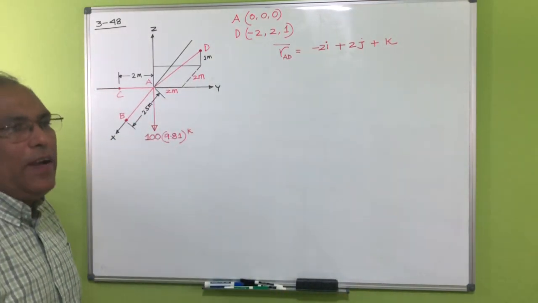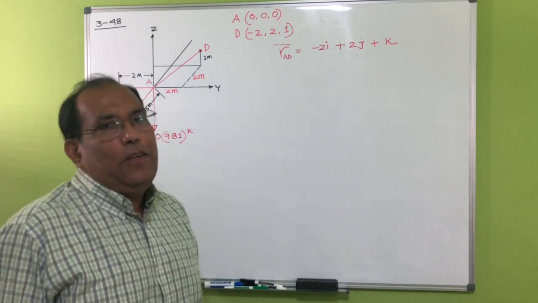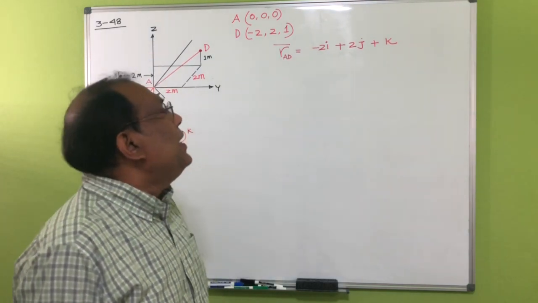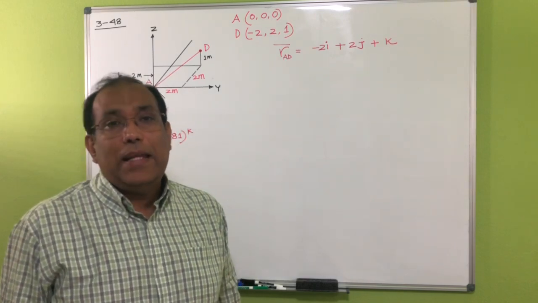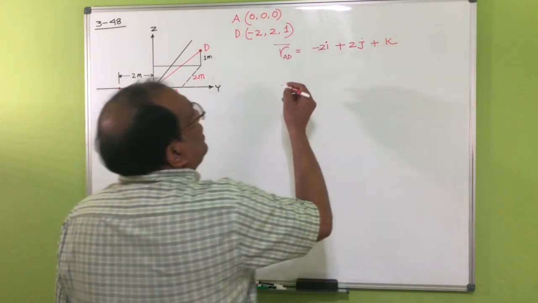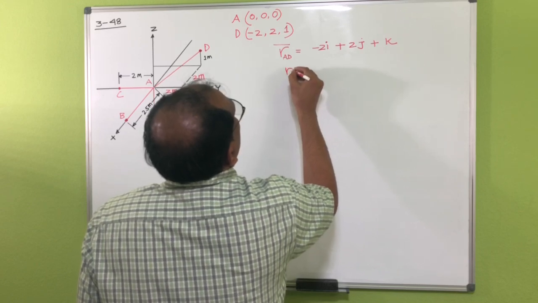So I have to now find out the unit vector from A to D, and to find the unit vector I need to know the magnitude of my position vector AD.